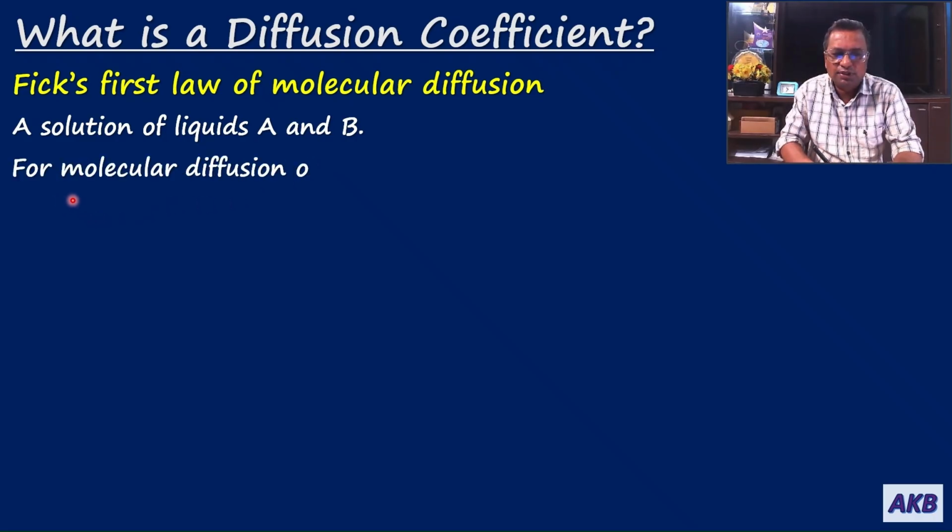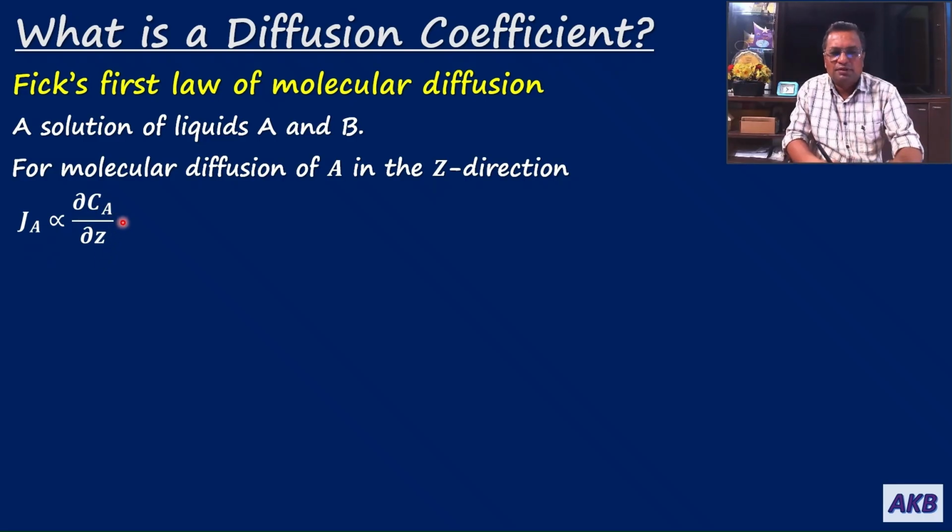And if you consider molecular diffusion of A in this solution in the Z direction, then the mathematical expression for Fick's first law of molecular diffusion is like this. Ja is directly proportional to ∂Ca by ∂Z.